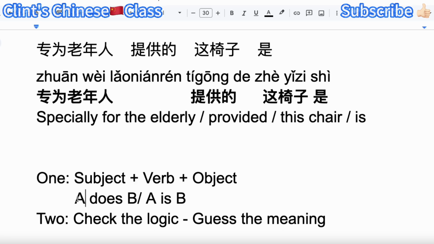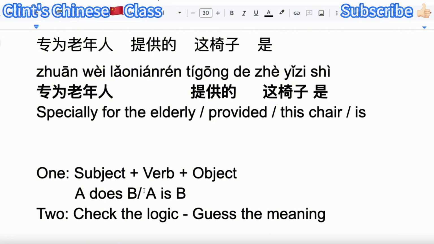So here we use A does B. Or today we will learn a new structure, which is A is B. Actually, this is the same in English. Like she is happy. Like this is a flower. So A is B is also a very common sentence structure. And then the verb will become a linking verb, okay, meaning to be verb, like 是.